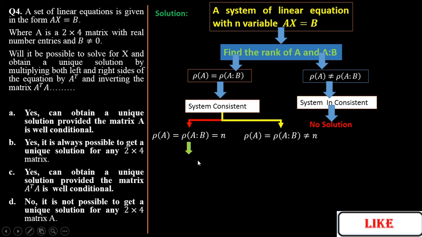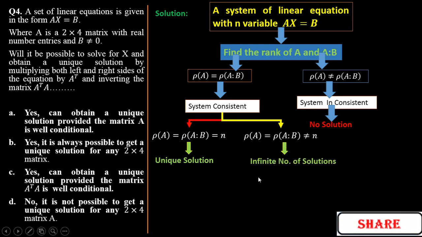In the first case, we will have the unique solution. In the second case, the system is consistent, we get a solution, but it is not unique. Here we will have an infinite number of solutions.